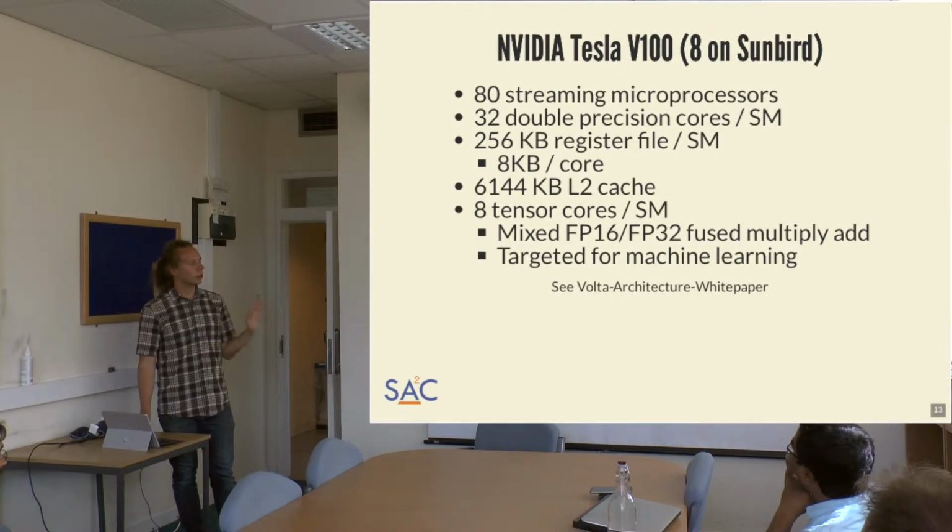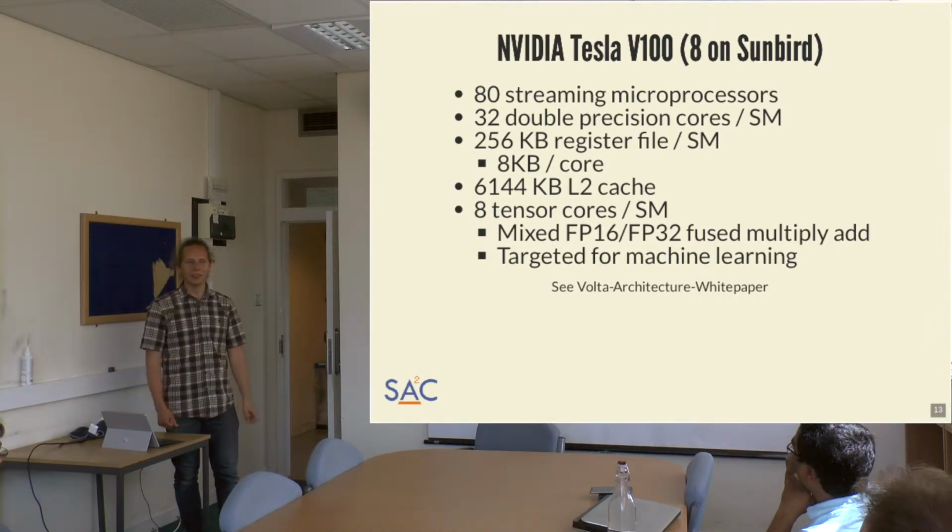They have 256 kilobytes of register file, which means there's 8 kilobytes per core. You have to keep that in mind when writing your kernels, because if you use more than that, you will have spills and extra loads, and that costs a lot of time.